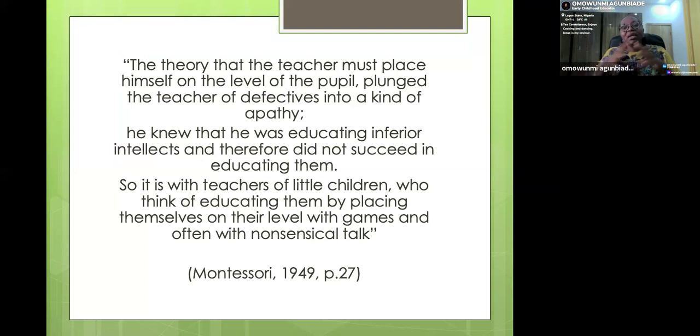And that's why they say that the Montessori method would help children who are having challenges. You are able to take them through at their pace to where they're supposed to get to. At the same time, it is able to help children who are very excellent to do much better than what they are presently doing.